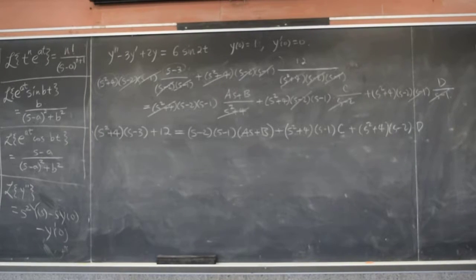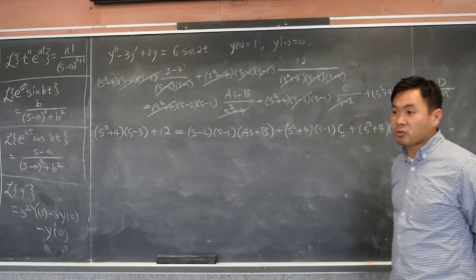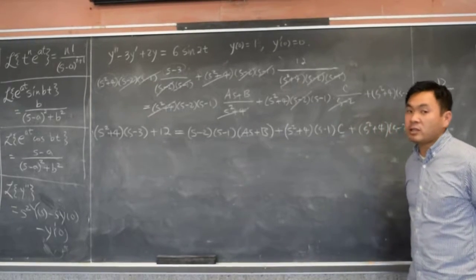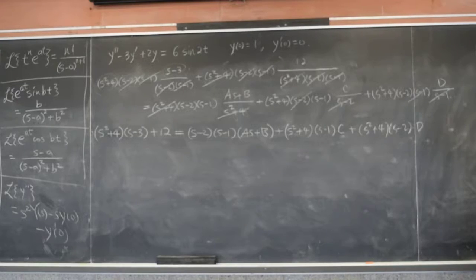And what we have here is an equation among functions of s. A, B, C, D are some unknown coefficients to be determined, and both sides should equal as functions of s. Meaning that whatever value s takes, the two sides should produce exactly the same answer.